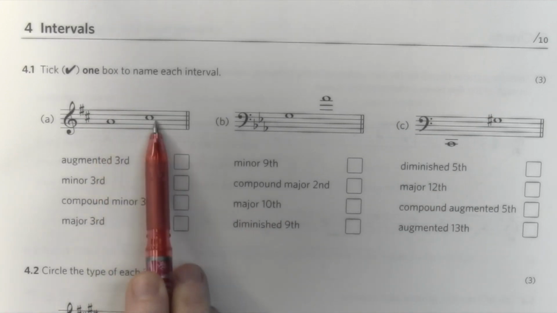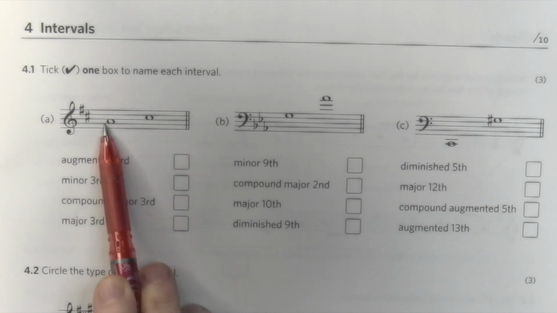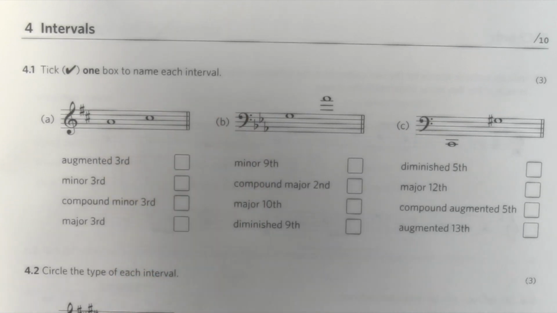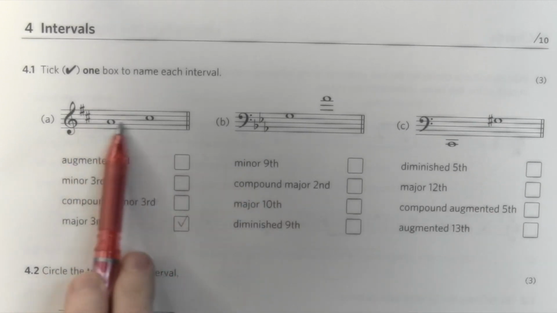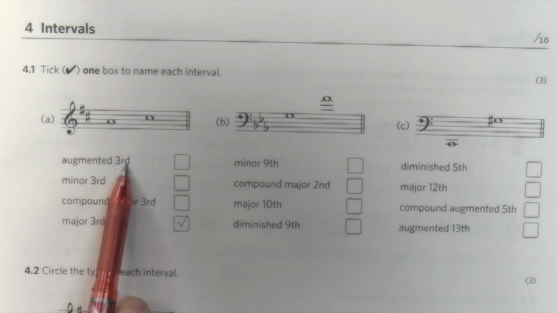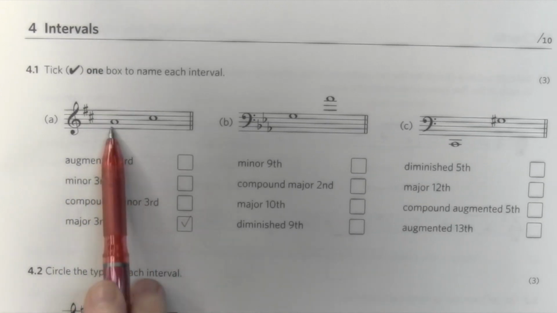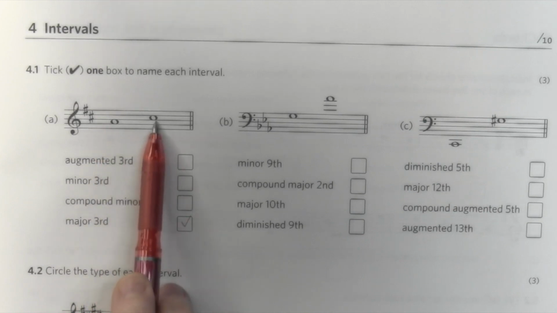La, do sharp. La do is a minor 3rd, with do sharp becomes a major 3rd. So here it is. Now it can't be a minor 3rd because do is sharp. It can't be augmented because it has to have either la flat or do double sharp.